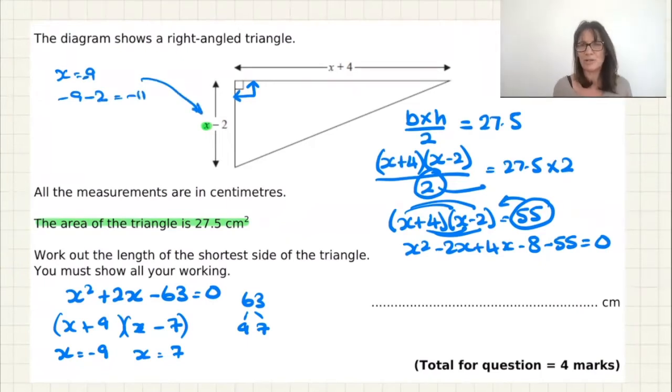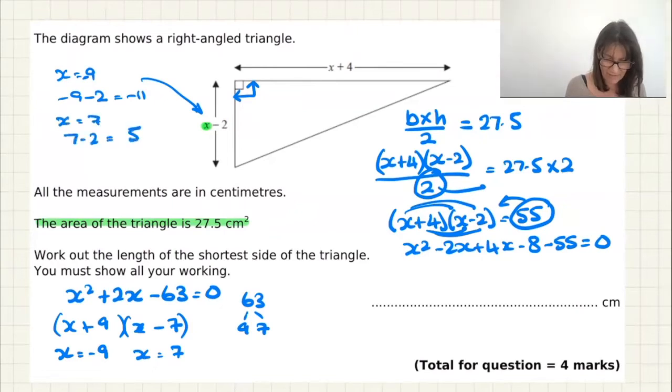That can't be true. So that is not relevant to this question. The x equaling minus 9 is a solution, but it isn't a relevant solution to my problem. I need the x equals 7 because 7 minus 2 will give me 5. 5 is a positive number, which means it can be an edge, and that is the answer to this question.